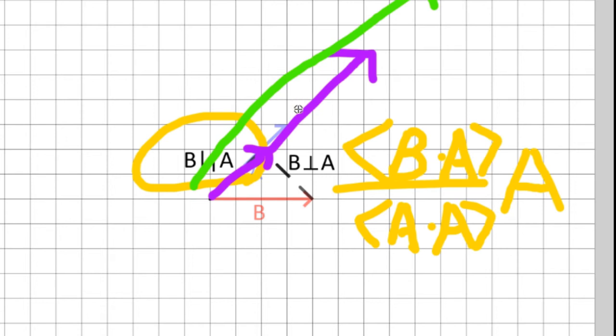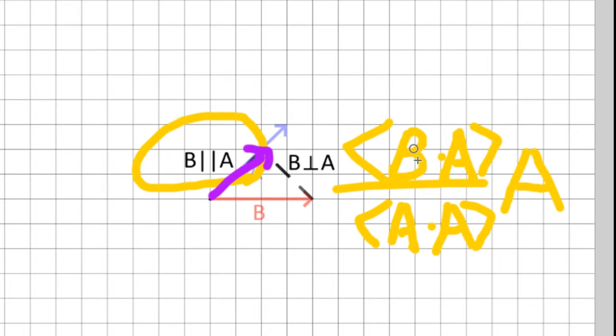And by dotting it, you're basically just finding a ratio between B and A, right? The component of B, the purple vector, and the blue vector, which is A itself. So you're finding the ratio between the two, because you're dotting both by the same exact vector.